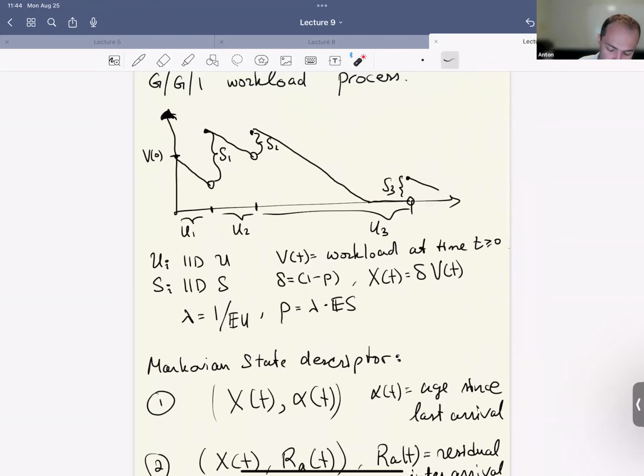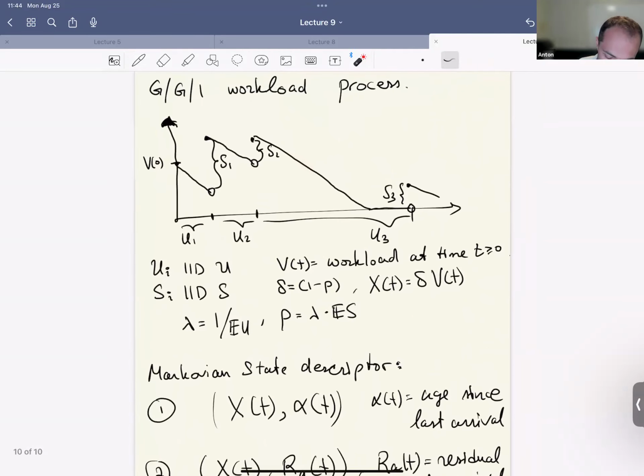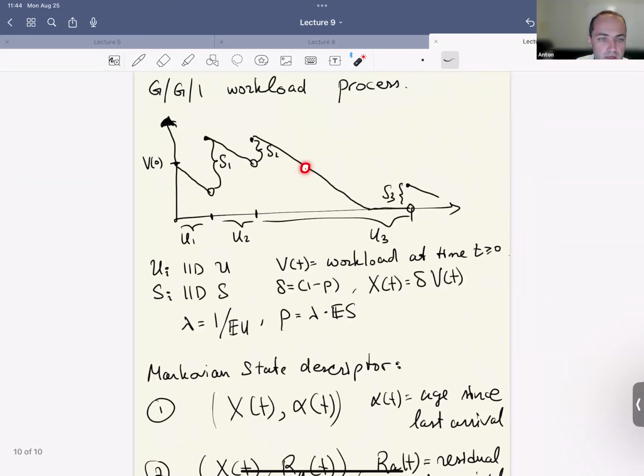And if we look at this picture here, and if I pick any point on the graph, so let me pick the point over here. And suppose I know the workload, and suppose I know the residual inter-arrival time, then I know the dynamics of the process, because I've got my workload, which is going to keep decaying at a constant rate until the server finishes all the work. And until the next arrival, my process is fully known to me, right?